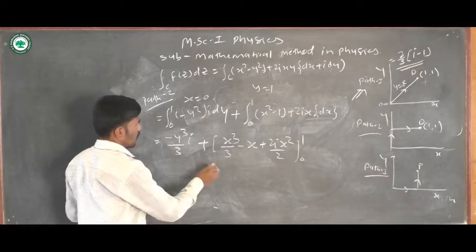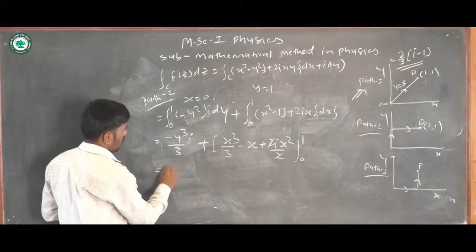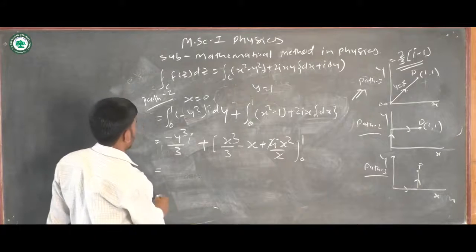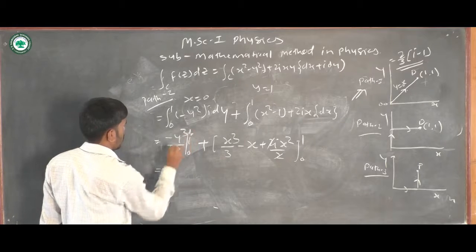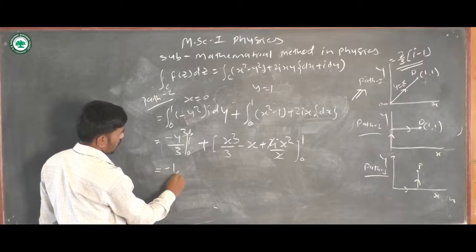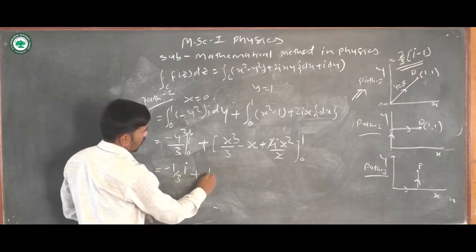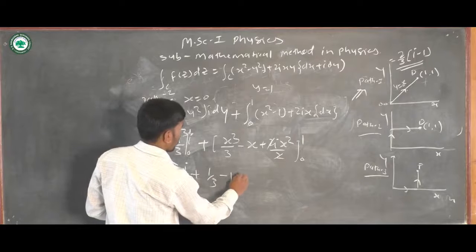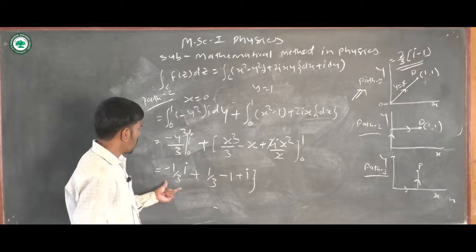So this will be cancelled. If we simplify, we get the same result. Putting in the values, minus 1 by 3 plus 1 by 3 minus 1 plus i.